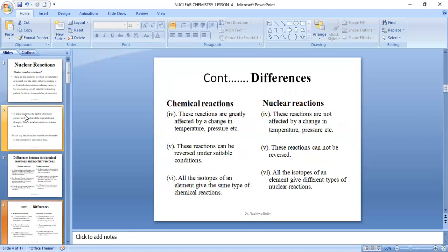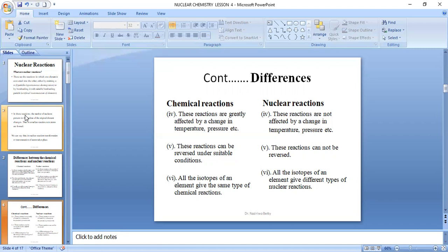In a chemical reaction, these reactions are greatly affected by change in temperature, pressure, and other factors, while in a nuclear reaction, these reactions are not affected by change in temperature, pressure, and other factors. In a chemical reaction, these reactions can be reversible under suitable conditions, while in a nuclear reaction, these reactions cannot be reversed.